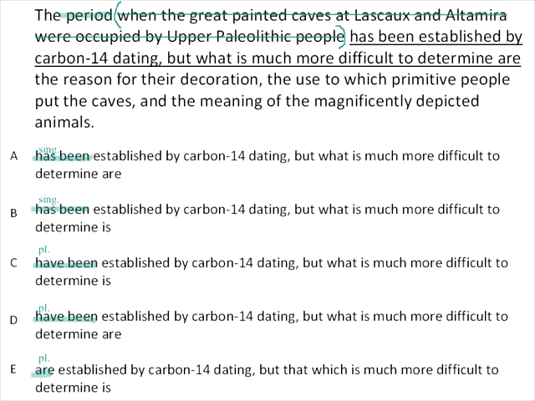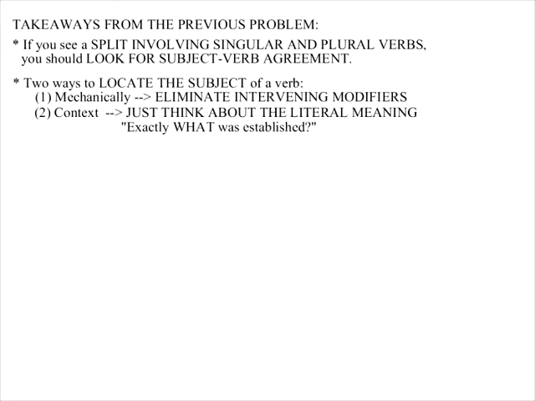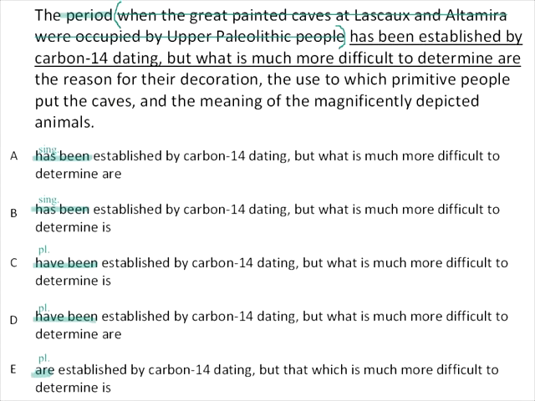If you look back at this problem, you can say, well, what has been established? Well, definitely the period, not the people, and not any of this other stuff. It's the period, so that must be the subject. It's better to use this sort of mechanical consideration if you can, because some contexts are ambiguous, whereas eliminating intervening modifiers is never ambiguous. But now, here's where it gets tricky.